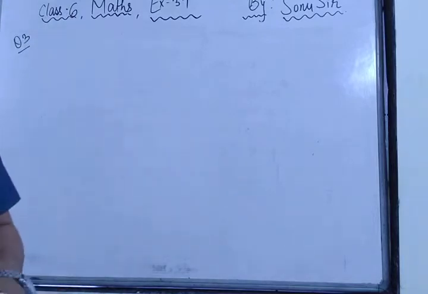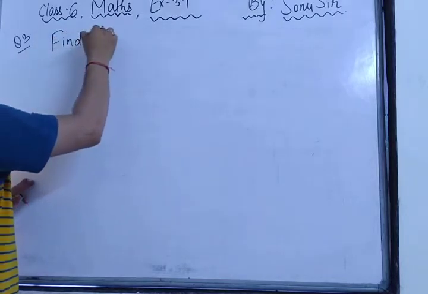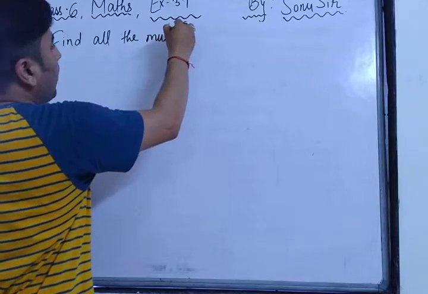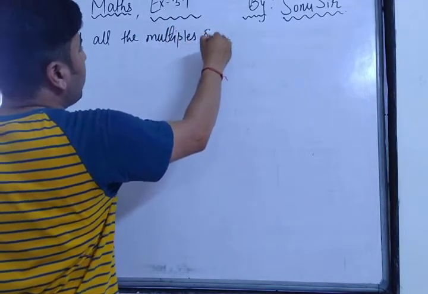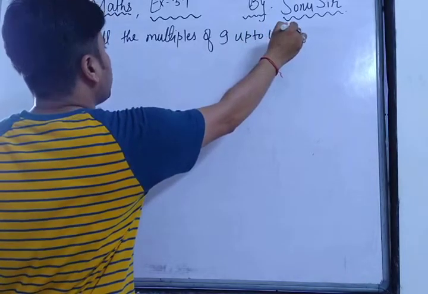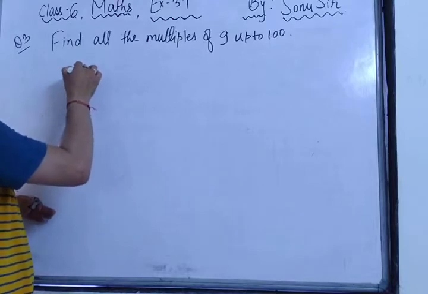The question is, find all the multiples of 9 up to 100. Have you understood the question or not? First of all, you have to write the multiples of 9. You know the 9 table, right?